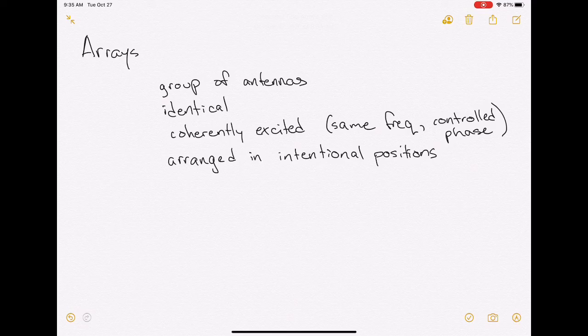So an antenna array in practice might look like, if an antenna looks like that, it might look like this.